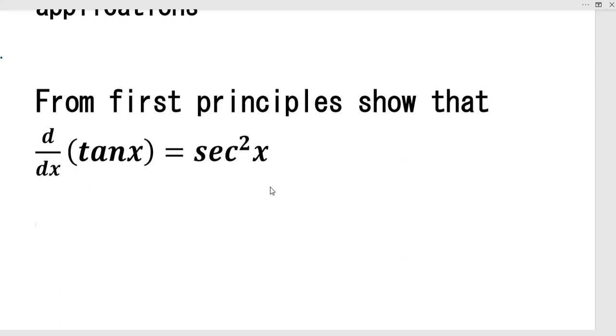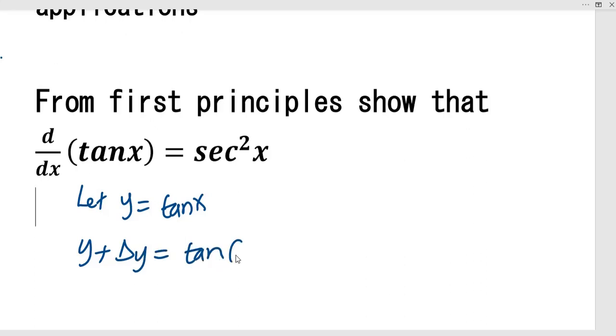To begin with the solution of this particular problem, let y equal tan x, so that at the end of the day we find dy/dx. To show how this is changing with respect to x, we can introduce a small change in y and also a small change in x, so that we have y plus delta y, which is a small change in y, equal to tan of x plus a small change in x.